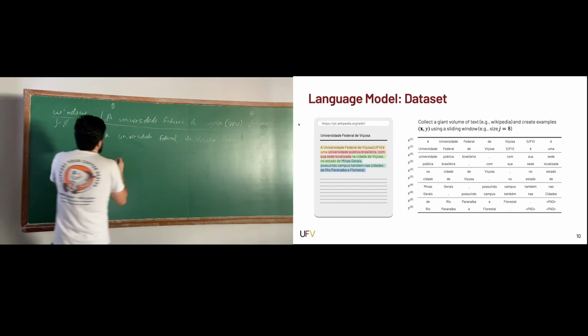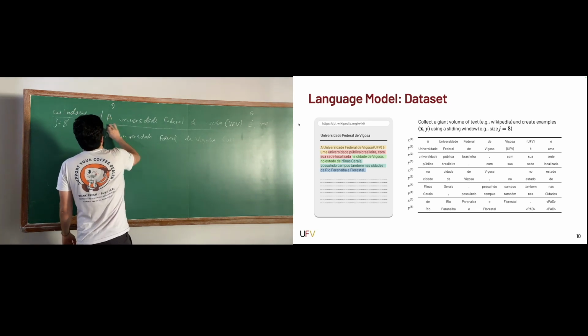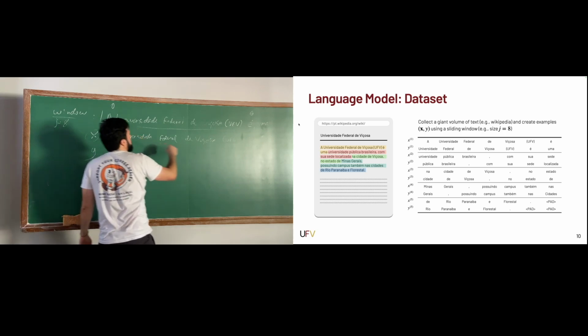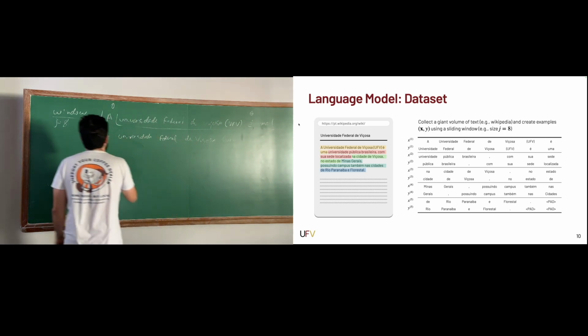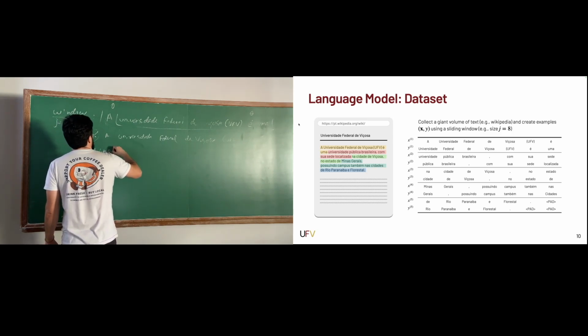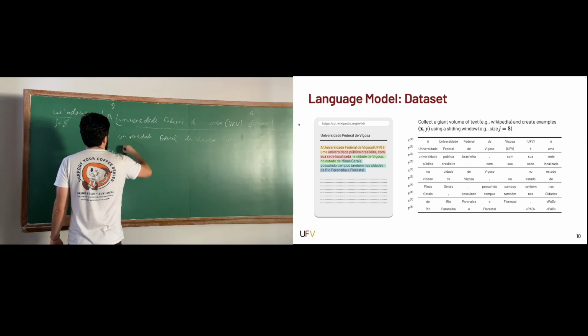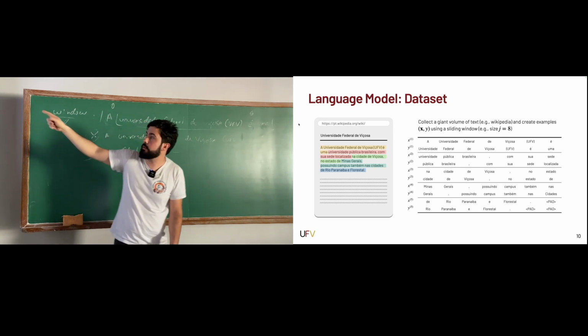And then note how I'm going to shift this window by 1 to get the Y. So the Y for this X would be Universidade, Federal, and so on, as you see on the slides.